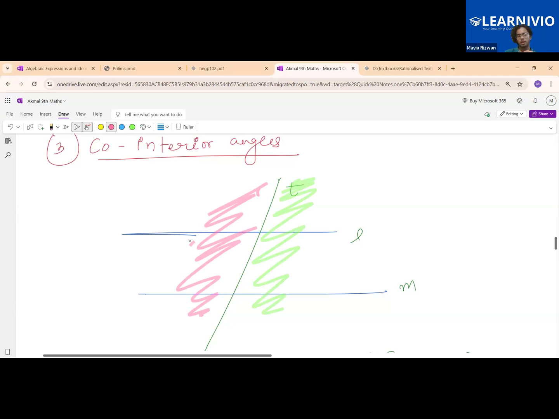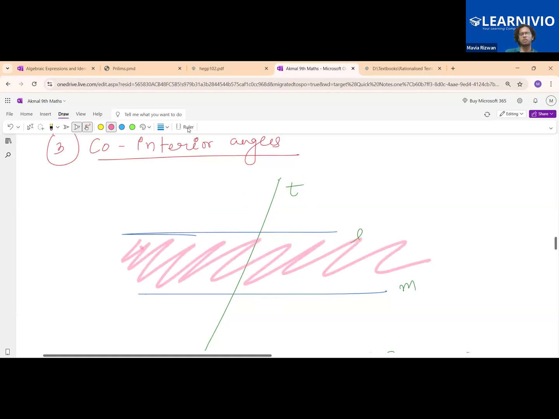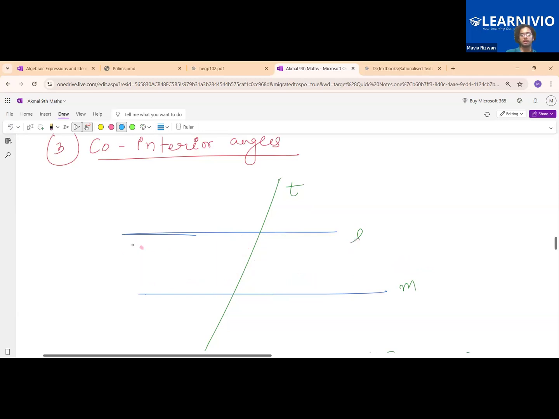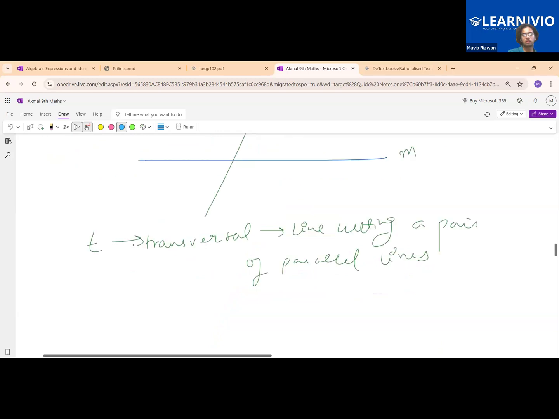Now, interior. Interior means between the parallel lines. So the angles are between the parallel lines. And either both are on the right or both the angles are on the left. This is how the word says. Now let's see what the co-interior angle is.